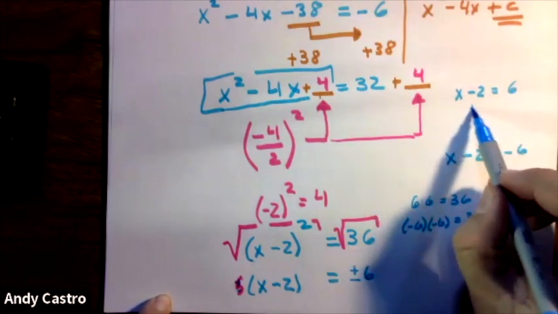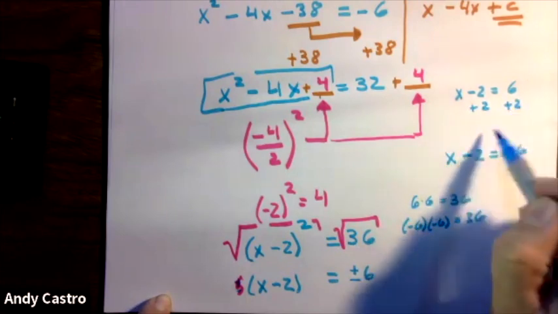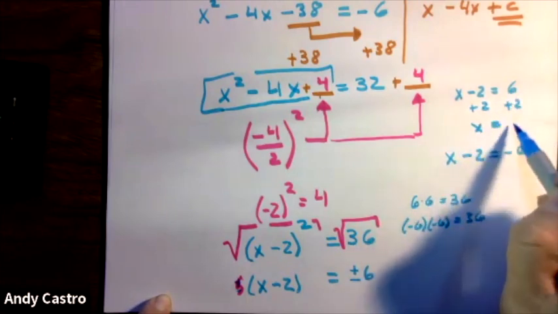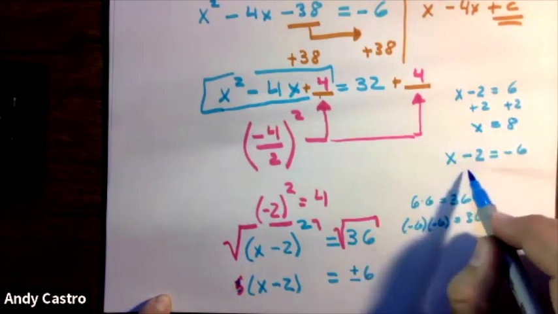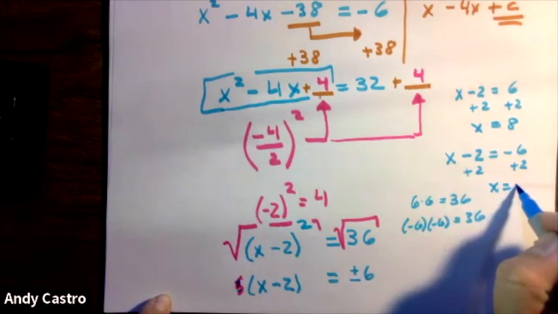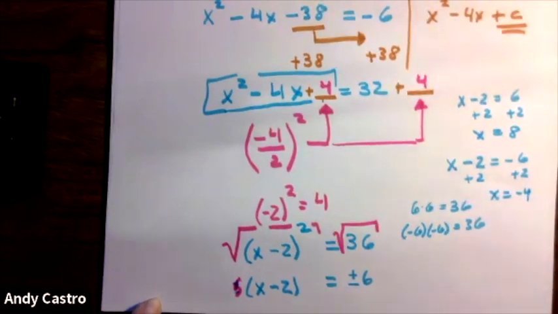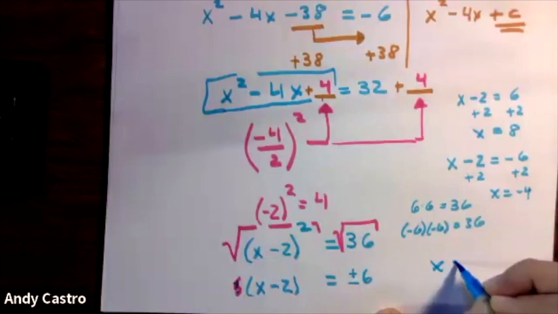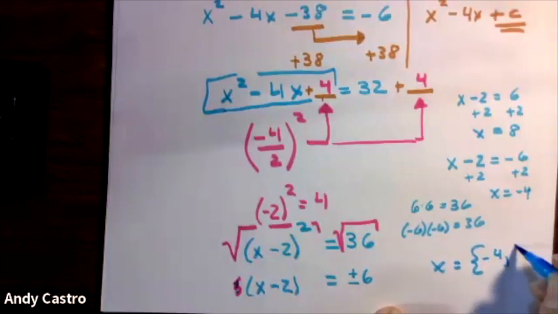In this case, I'm going to add 2 to both sides. X is equal to 8. And on this one, I'm going to add 2 to both sides. X is equal to -4. So x can be either -4 or 8.